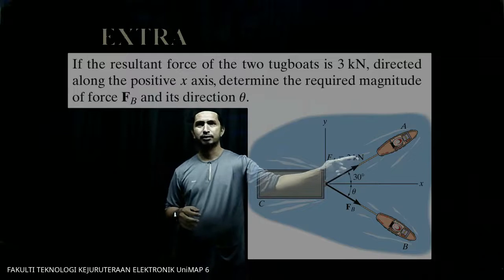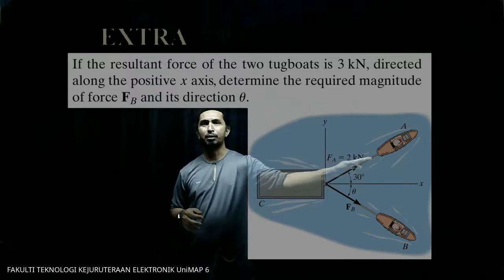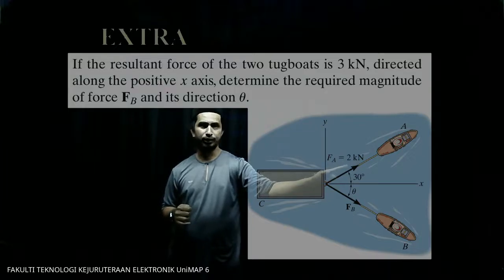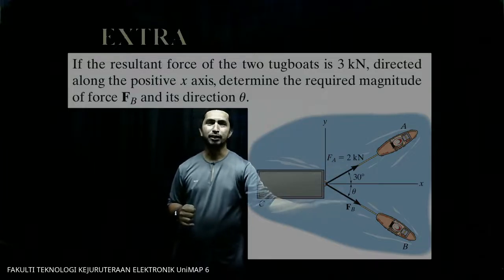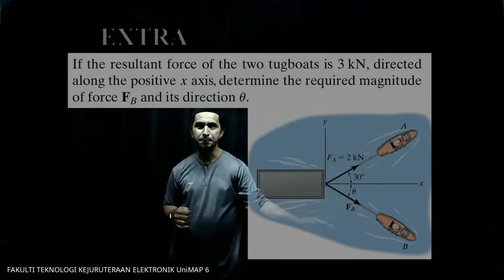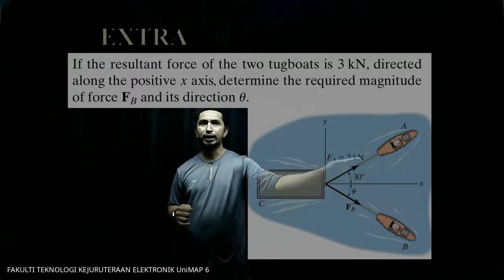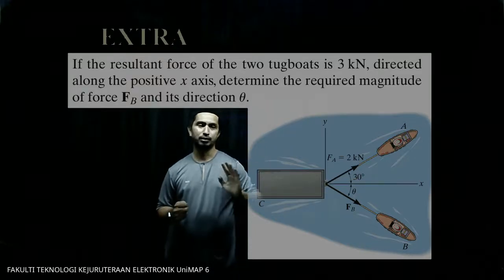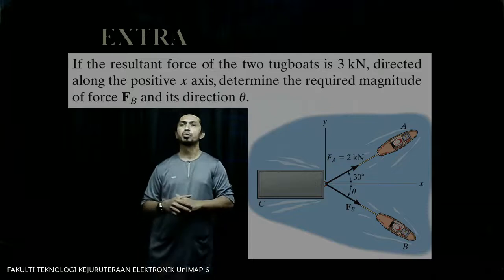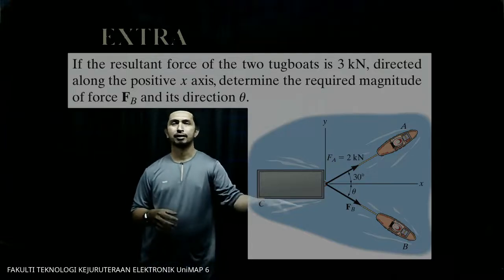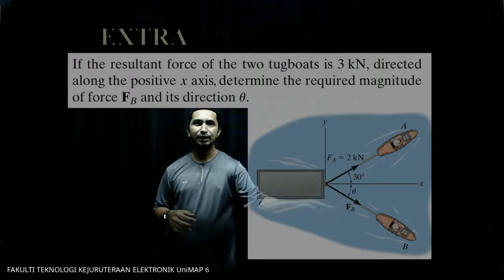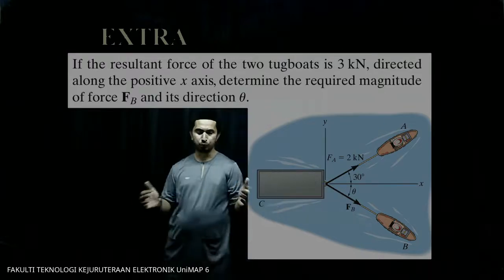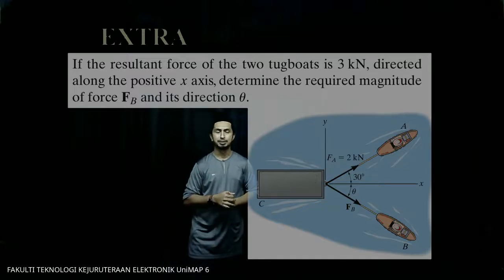Force represented by tugboat A is 2 kilonewton, FA is 2 kilonewton. But FB, we don't have any value here. The angle of boat A is 30 degrees. The angle of force B is unknown. So the question wants us to find the force FB and also the angle of boat B. So how do we do that? Macam mana kita nak buat?